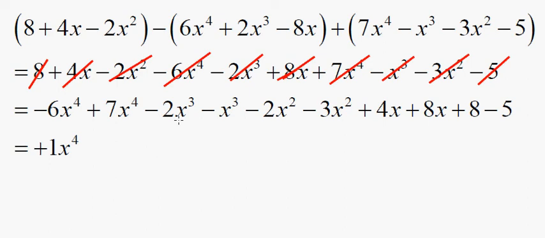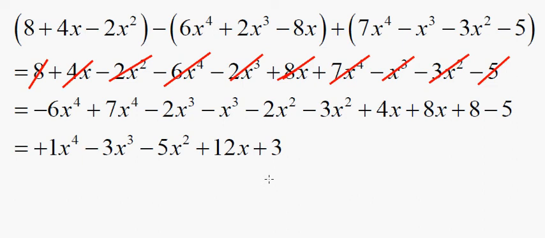Minus 2x cubed minus x cubed, that's going to be minus 3x cubed. And we have minus 2x squared minus 3x squared, that's going to be minus 5x squared. Here we have plus 4x plus 8x, that's plus 12x. And here we have 8 minus 5, which is simply plus 3.